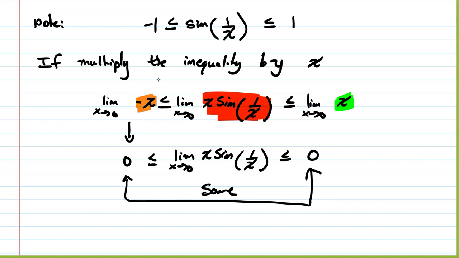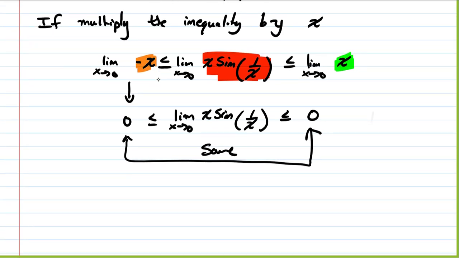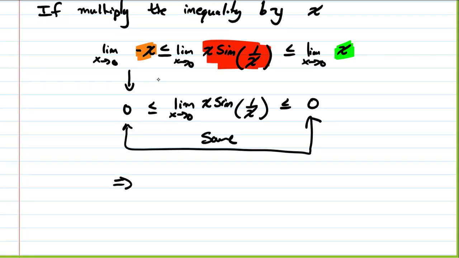So by the squeeze theorem, if the limit has to be less than or equal to 0, but also greater than or equal to 0, what's the only choice for the value of that limit? 0. So the limit as x goes to 0 of x times the sine of 1 over x is equal to 0 by the squeeze theorem.